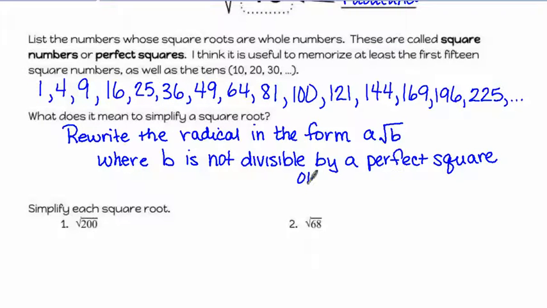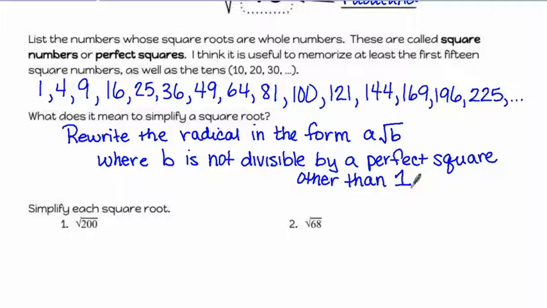It can only be divisible by 1. I want a b value such that any time I divide it by one of those numbers on that long string that I just wrote up above, the only number on that list that will evenly divide b is 1.